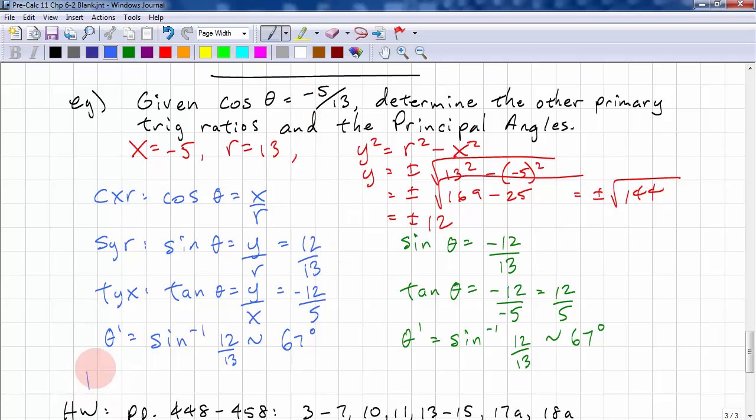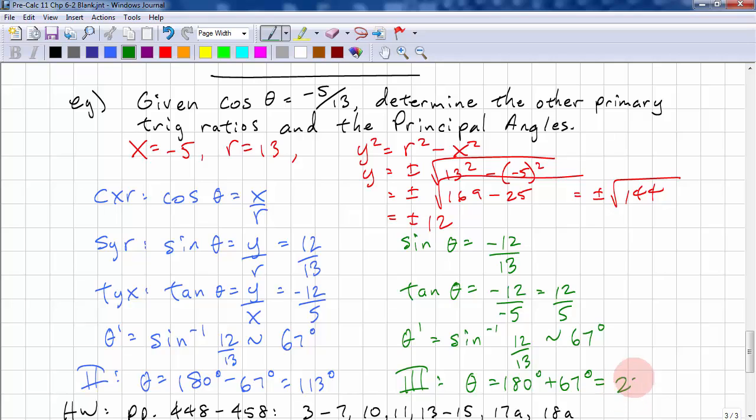That must mean we're in quadrant 2. So we have theta equals 180 degrees minus 67 degrees, and that's 113 degrees. This time we have sine negative, cos negative, and tan is positive, so that means we're in quadrant 3. So theta equals 180 degrees plus 67 degrees, and that gives us 247 degrees.